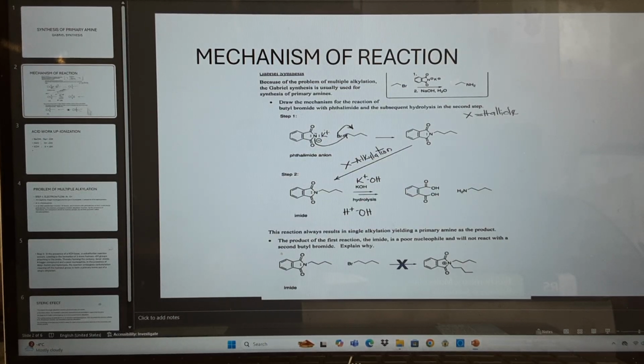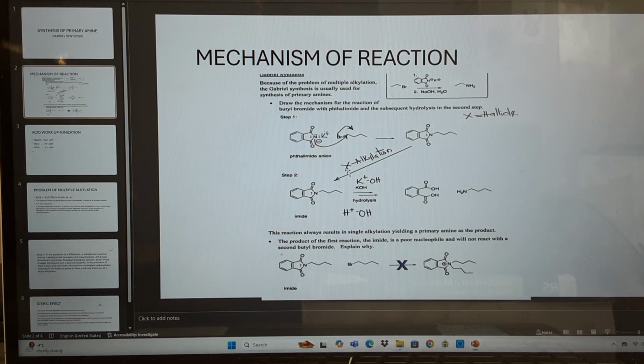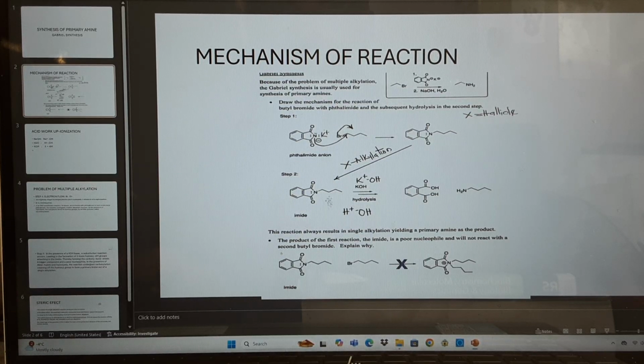This is what is meant. Here, nitrogen has moved, as it has displaced. A substitution reaction, SN2 reaction, has taken place, and here nitrogen has migrated to form part of the amide, taking along the butyl. So this bond here, under a halide alkylation, comes to form an amide inside here.